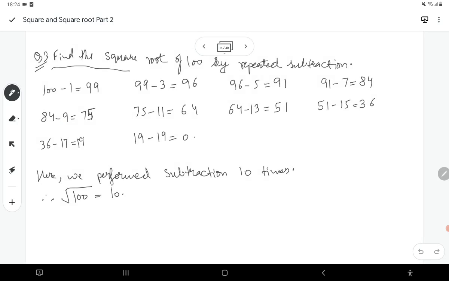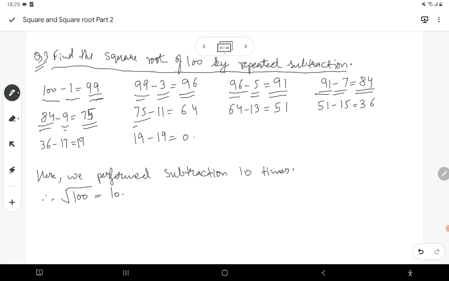Next question says, find the square root of 100 by repeated subtraction. So let's see. 100 minus 1 comes out to be 99. 99 minus 3 comes out to be 96. 96 minus 5 is 91. 91 minus 7 is 84. 84 minus 9 is 75. 75 minus 11 is 64. 64 minus 13 is 51. 51 minus 15 is 36. 36 minus 17 is 19.